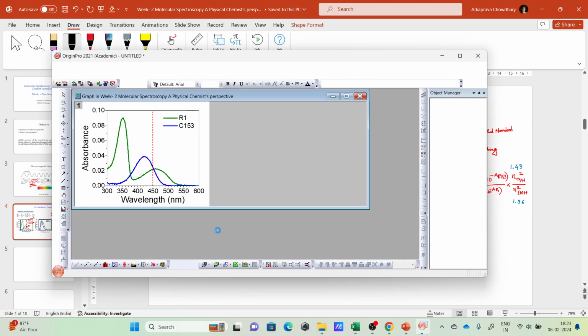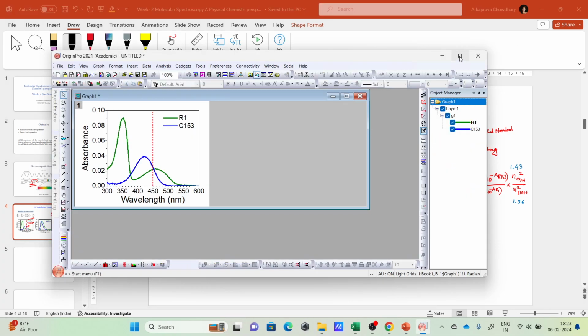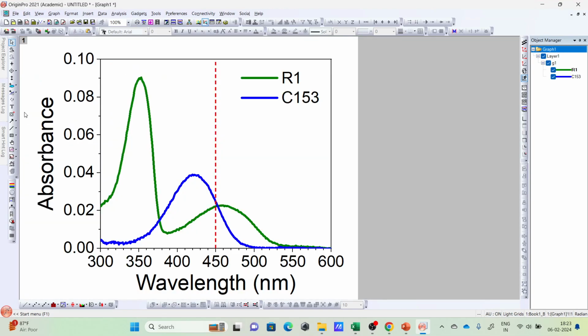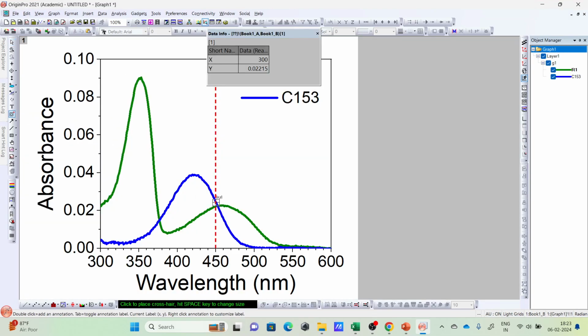Okay. So as you can see, the Origin file here is the plotting software where we have plotted our data. At 450, the blue one is our standard or reference.